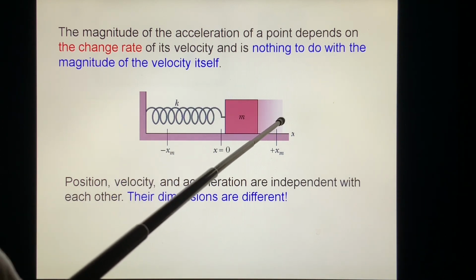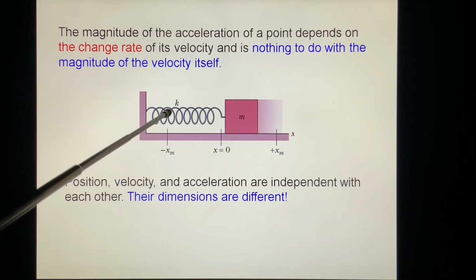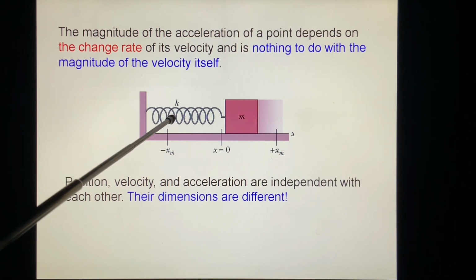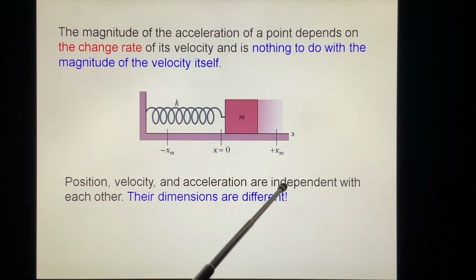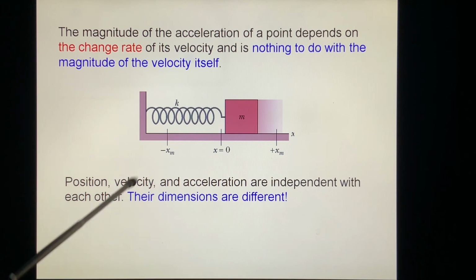And at the two extreme points, velocity is 0, but acceleration is very large. So position, velocity, and acceleration are independent of each other. Their dimensions are different.